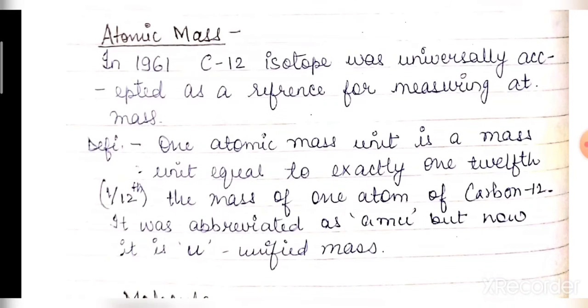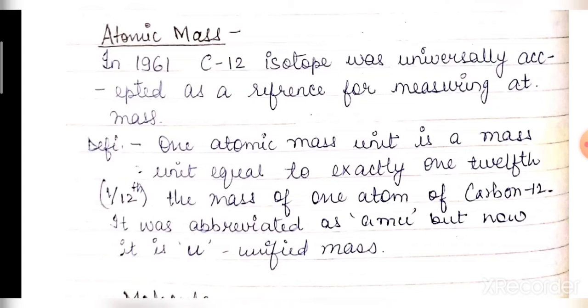So the definition is: 1 atomic mass unit is a mass unit equal to exactly 1/12 the mass of one atom of carbon-12. It was abbreviated as amu before, but now it is written as u, that is unified mass. So this is the definition of atomic mass.